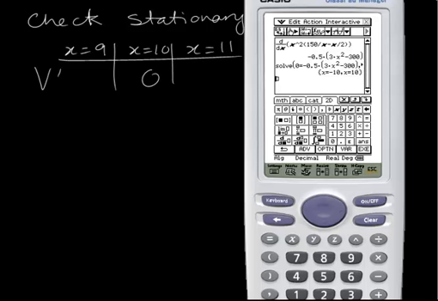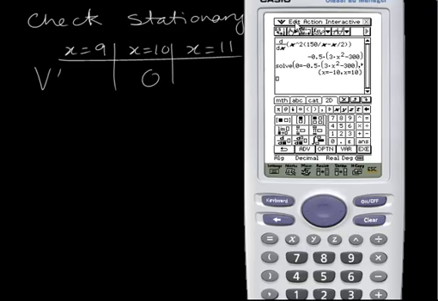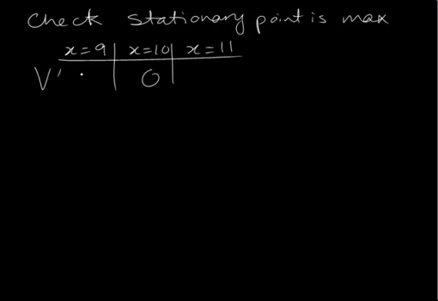So bring up the ClassPad again. Okay. So really what I want is that evaluated. So option, vertical line, x equals 9. That comes to 28.5. So this is 28.5.